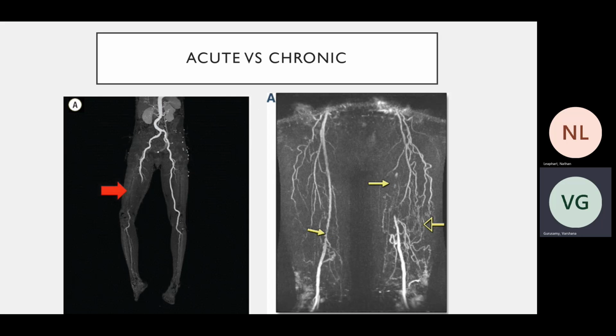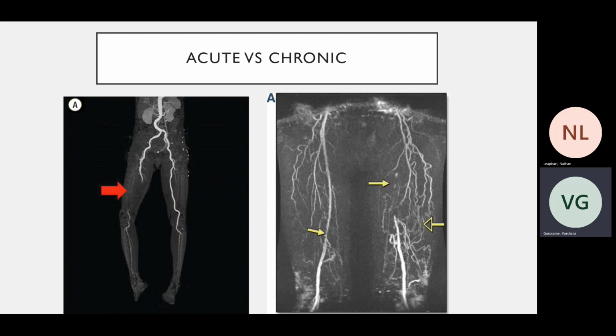So the difference here is when patients have acute limb ischemia, and these are reconstructions, this is showing an acute occlusion in the SFA here, compared to the other side. And what you're seeing here is the artery's gone down, but they haven't developed collaterals. So in this patient, as a contrast, this is somebody who has chronic limb ischemia. They have an occlusion here.